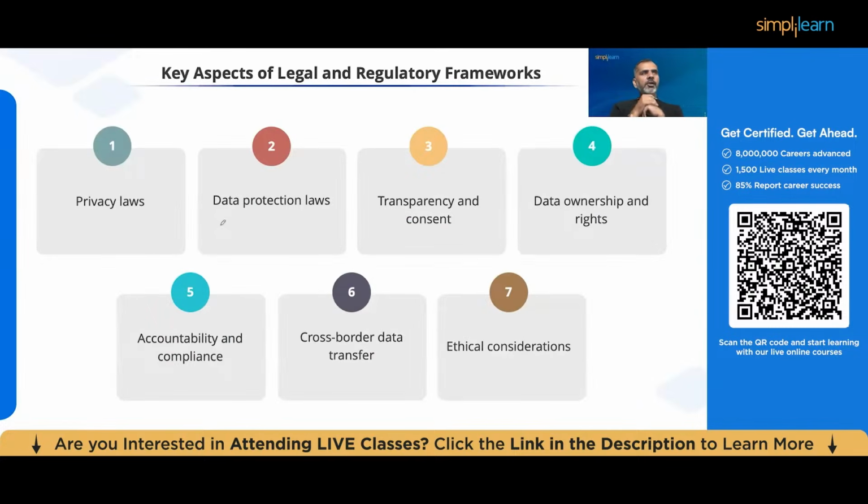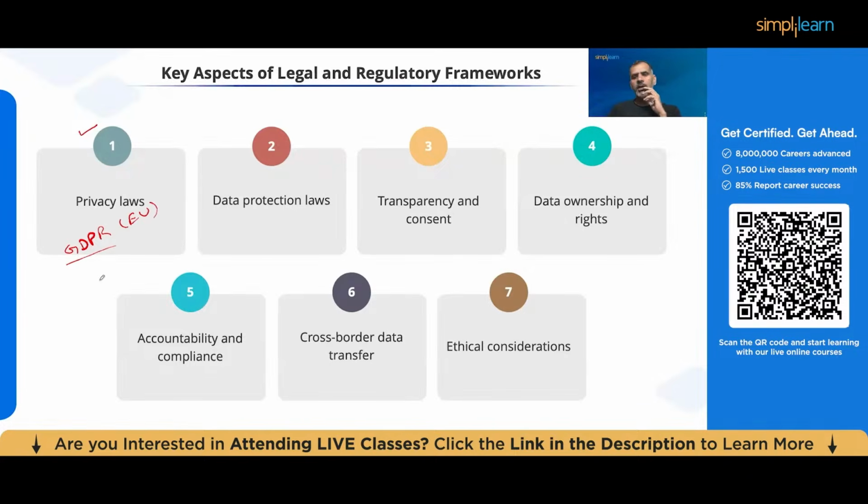The basic aspects of legal and regulatory frameworks start with privacy laws. These laws are mostly related to the data protection of individuals' data, and the common law is what we call GDPR, the General Data Protection Regulation in Europe.